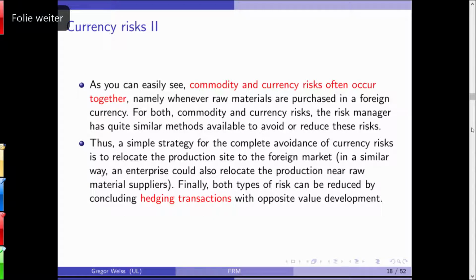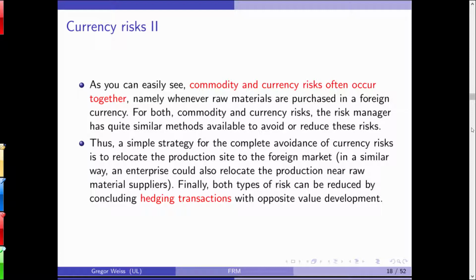So this is currency risk. In many cases, or in almost all cases, foreign currency risks appear together with an additional risk. So if you trade, for example, in commodities, commodity risk and currency risk will appear at the same time. You have the risk that the price of the commodity changes, and additionally, also the currency rate might change.